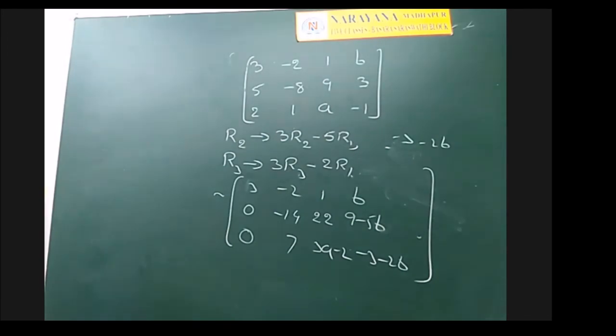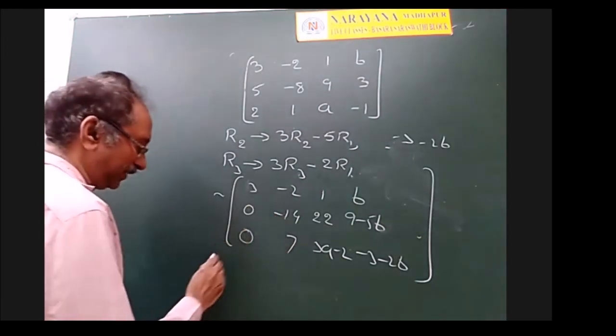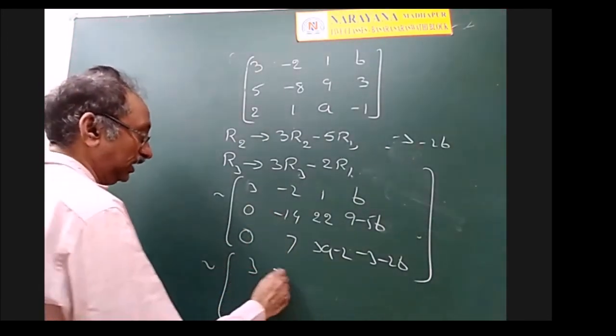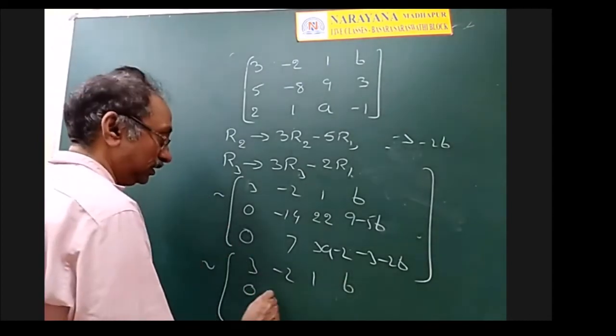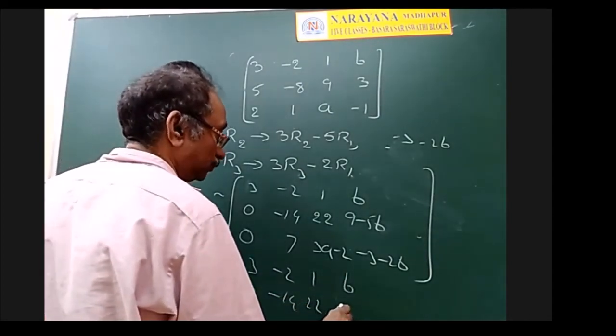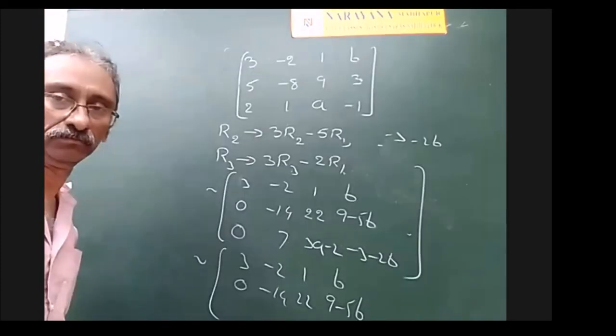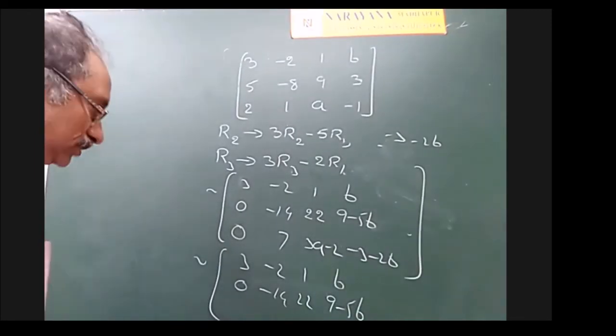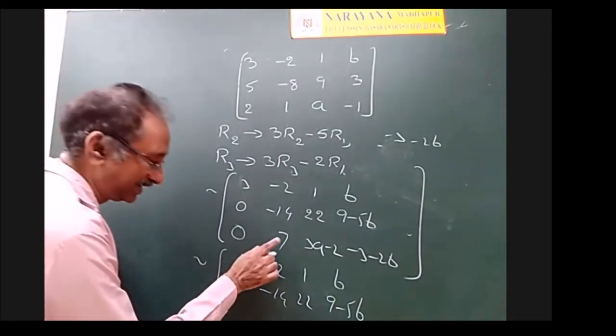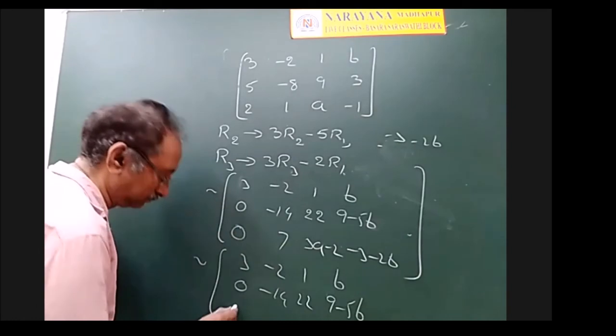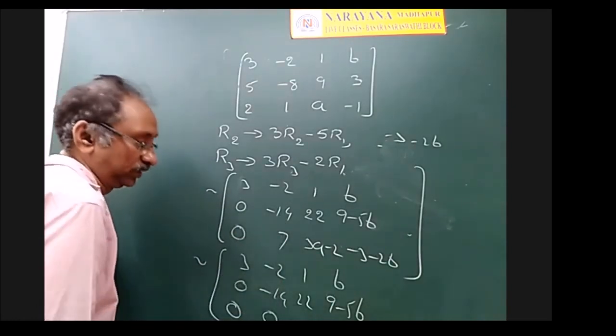Right. Next, using this I make this element 0. So 3 minus 2 1B, 0 minus 14 22, 9 minus 5B. Okay. So can you see that last row? See, now multiplying this with 2 and adding, this is 0, 14 minus 14, 0.